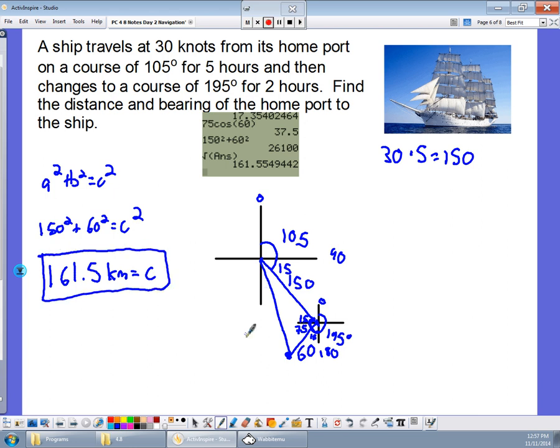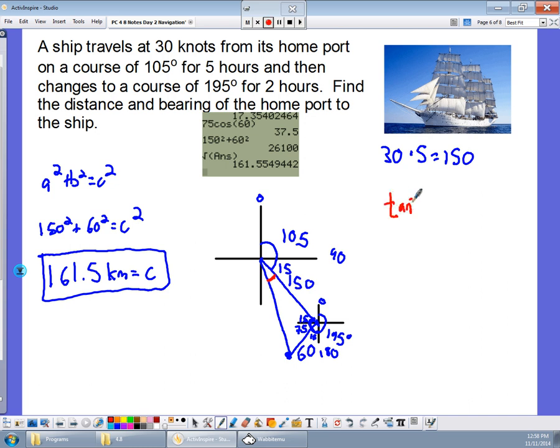And now again, I want to find my bearing. So in order to find the bearing, it's a two-step process. I'm first going to find this angle using inverse tangent, and then I'm going to add that angle to this original bearing of 105 to get this angle here. So to find that, I have my theta with an opposite side of 60 and an adjacent side of 150.